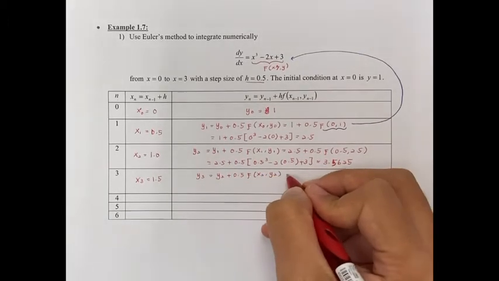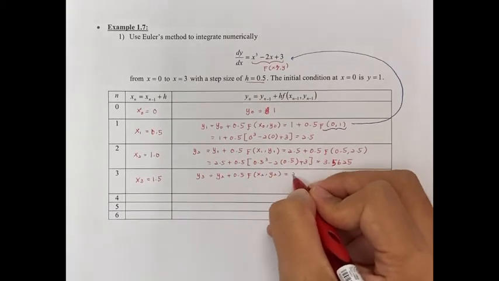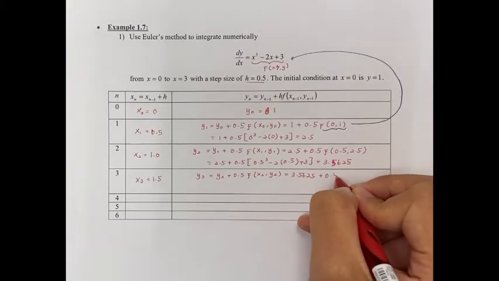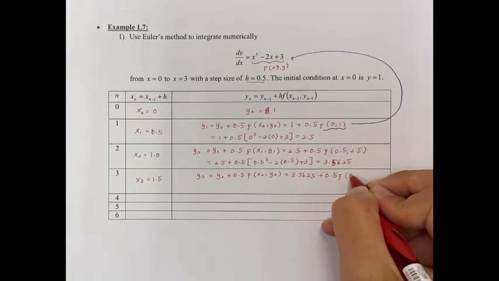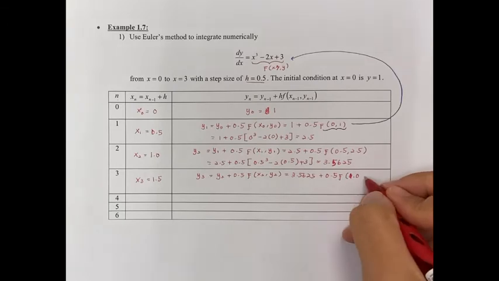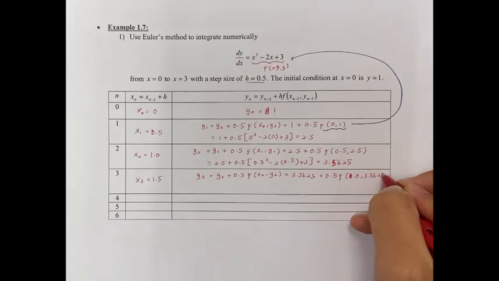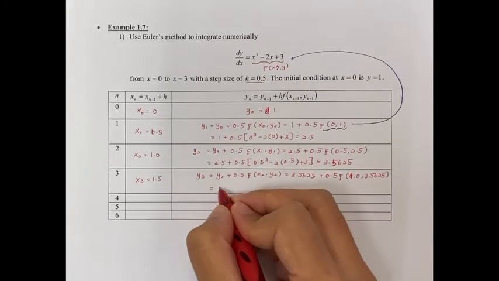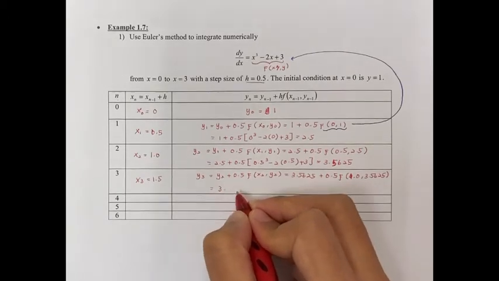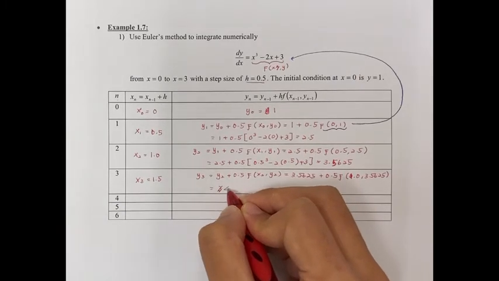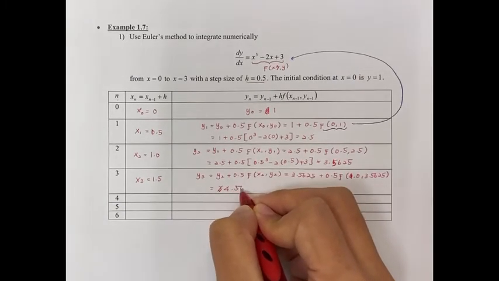And this is equal to 3.5625 plus 0.5 f of 1.0 and 3.5625 for y. And now you have y3 equal to 4.562.